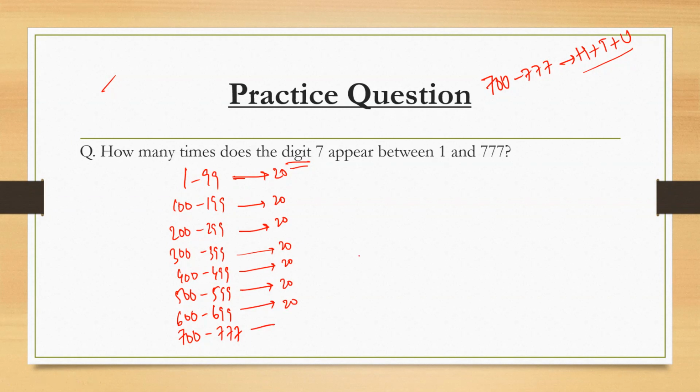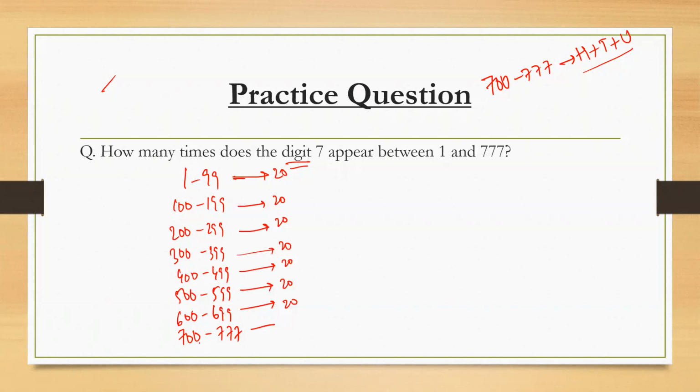Okay. See here, when it completes from 1 to 99, we know it appears 20 times. That is clear. So from here till here, we are able to complete the entire cycle, right? So 20 times, 20 times. The problem lies in here, that is 700 to 777.